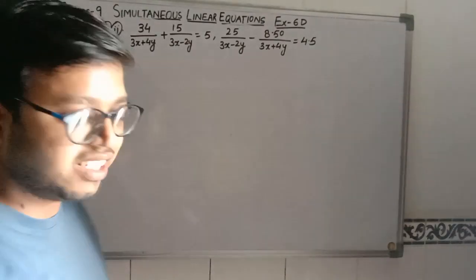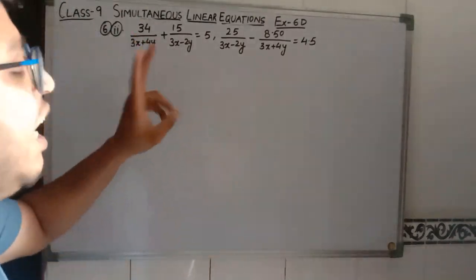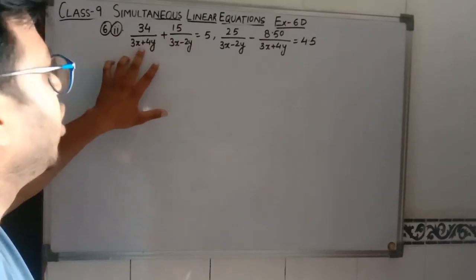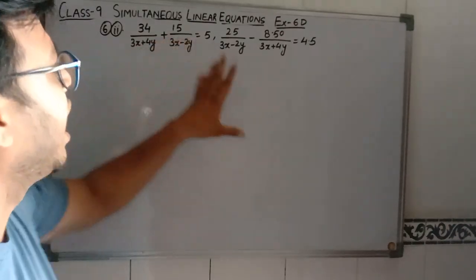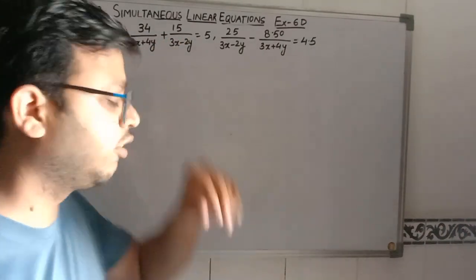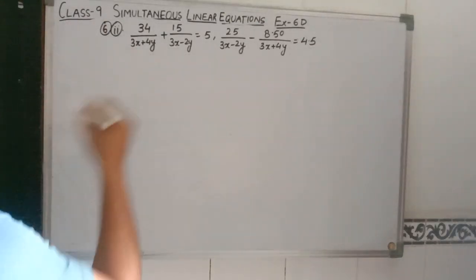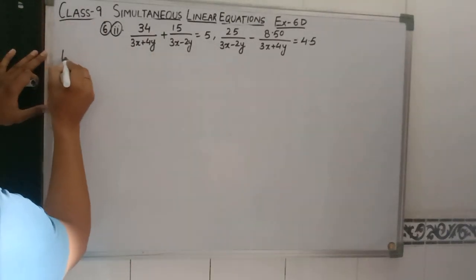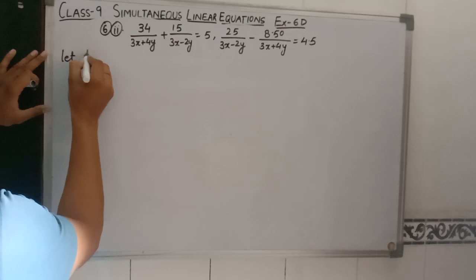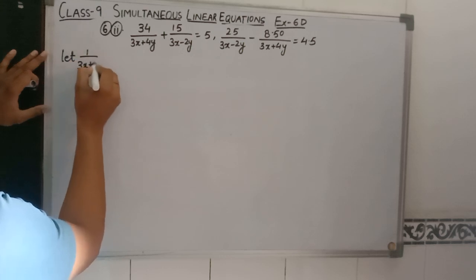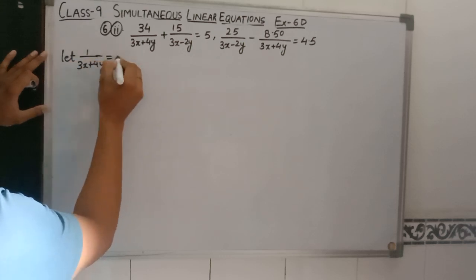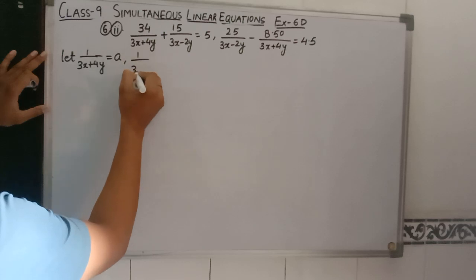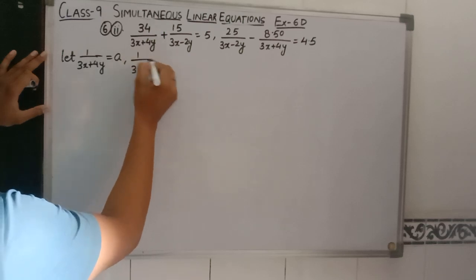So as you can see, in this question we have two denominators. One of the denominators is 3x plus 4y and the other is 3x minus 2y. So we have to consider them first. Because it is a lengthy question, I am starting from this side. Let 1 upon 3x plus 4y is equal to a and 1 upon 3x minus 2y is equal to b.